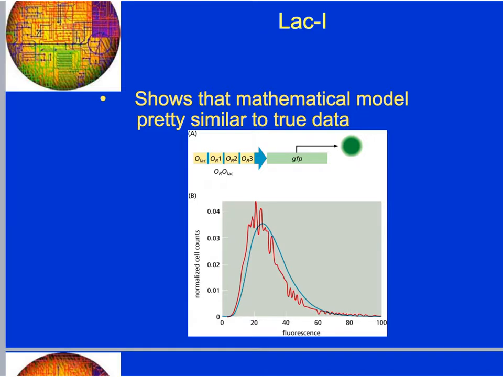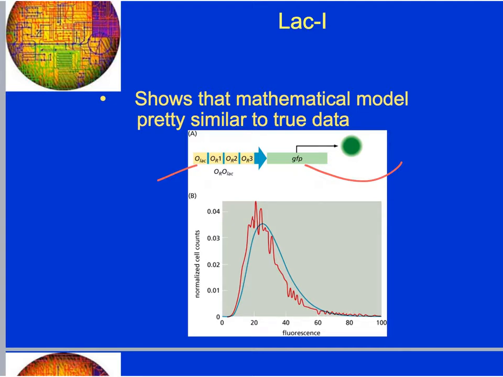And what you see here is that one of these is the model, which is the blue line, and then the red line is from actual experimental data. So the model they built is actually pretty close to what they found experimentally. So that would be considered a bottom-up approach.